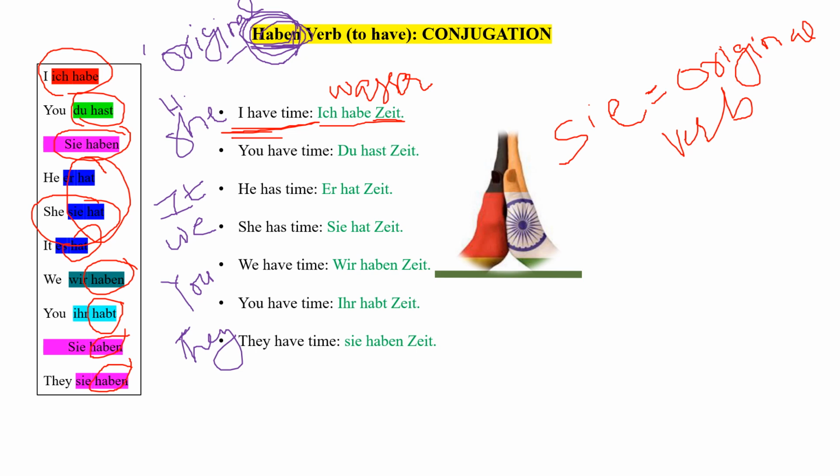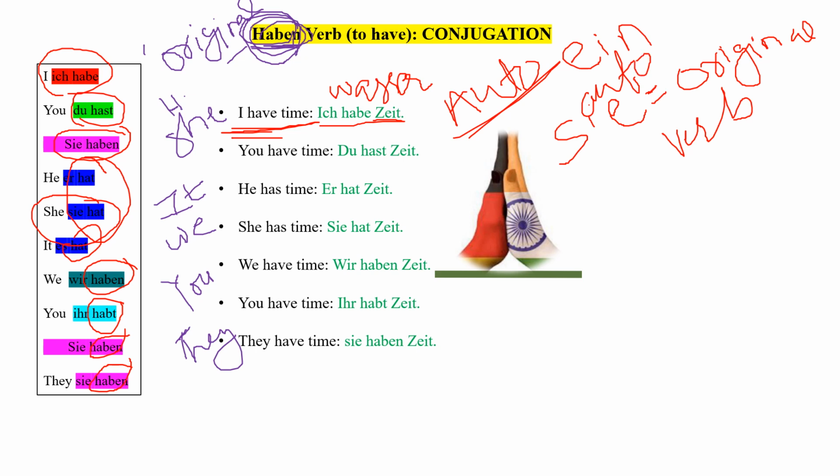You wanna say I have a car. What will you say? Ich habe Auto. Okay. If you wanna say I have one car, I have a car. So Auto, I have taught you already the article. So ich habe ein Auto.